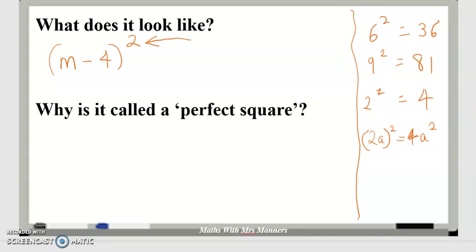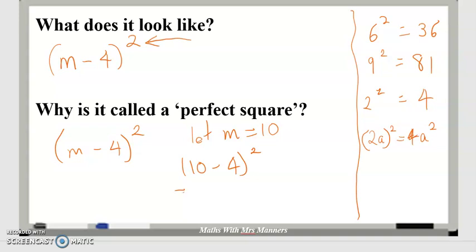In terms of why it is called a perfect square, well, if I take that expression and substitute a number in, let's let m equal 10, then I'm going to get 10 minus 4 all squared, and that will give me 6 squared, which is 36. So whenever I substitute values into a perfect square expression, I will get square numbers.